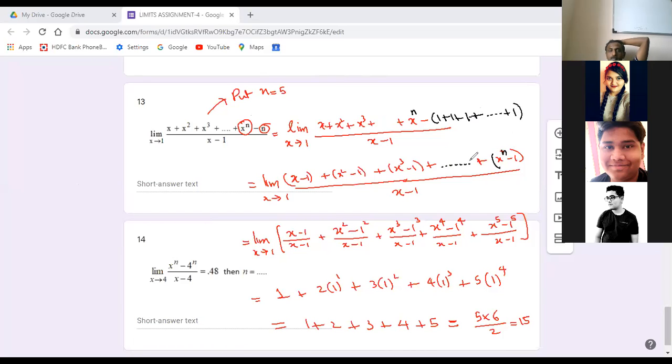There will be many terms in between. Same way, this will become many terms in between, and this also will become n. So your final answer would be like this. Many terms will be there in between. It will go on like this, n into 1 raised to n minus 1. So your last number will become n.